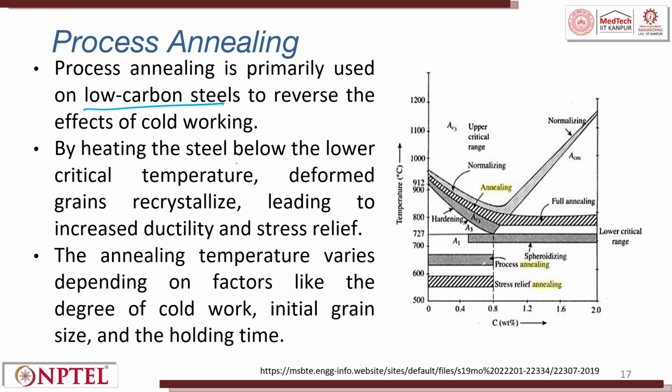By heating the steel below the lower critical temperature A1, deformed grains recrystallize, leading to increase in ductility and stress relieving. Below this temperature, we try to do that. The annealing temperature varies depending upon factors like degree of cold working, initial grain size and holding time. So, the process annealing temperature changes.